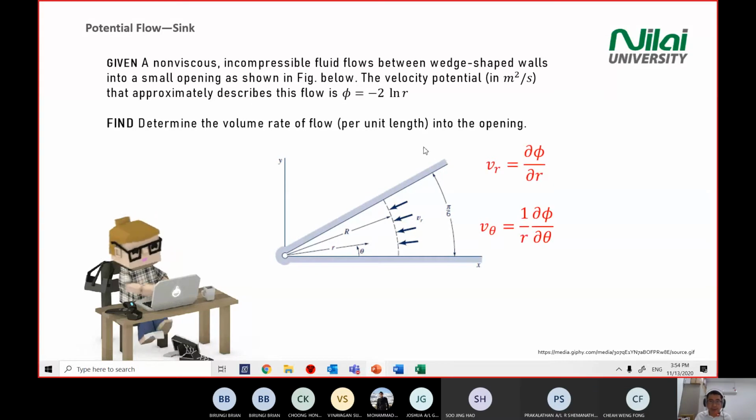You write the definitions for your v_r and v theta components. So v_r equals del phi, the velocity potential, divided by del r, and your theta component is 1/r times the velocity potential differentiated with respect to the angle. You write these two equations, and since you're given the potential equation, phi equal to -2 ln r, you do the differentiation accordingly.